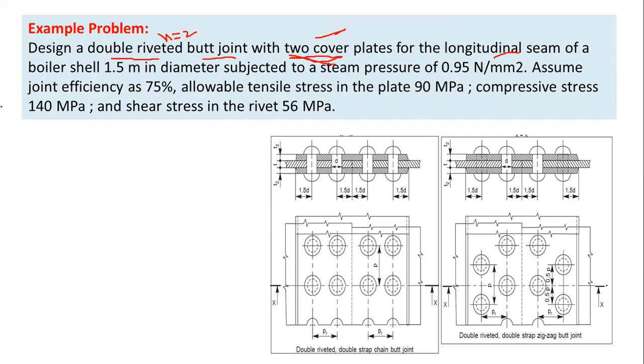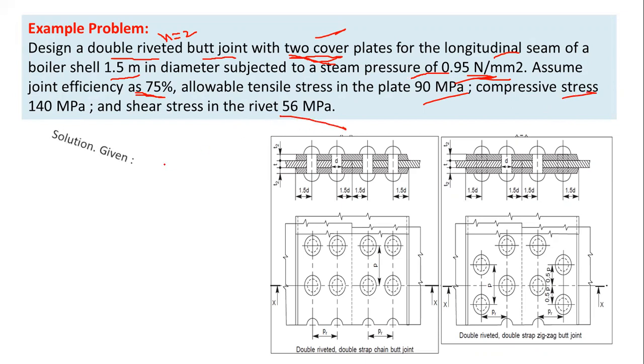For the longitudinal seam of a boiler shell, 1.5 meters diameter, the inner diameter of the boiler is given, that is 1.5 meters. And the maximum inside pressure is 0.95 Newton per mm square. This is the maximum inside pressure in the boiler. Assume longitudinal joint efficiency as zeta L equals 75%. And this is the tensile stress, this one is the compressive stress, this one is shear stress.